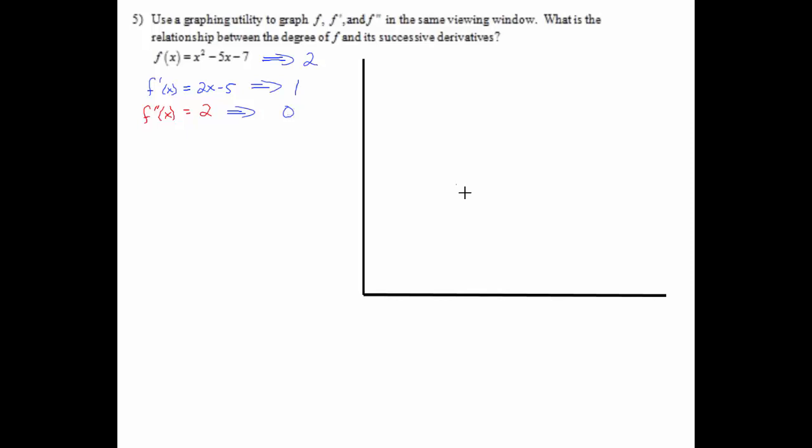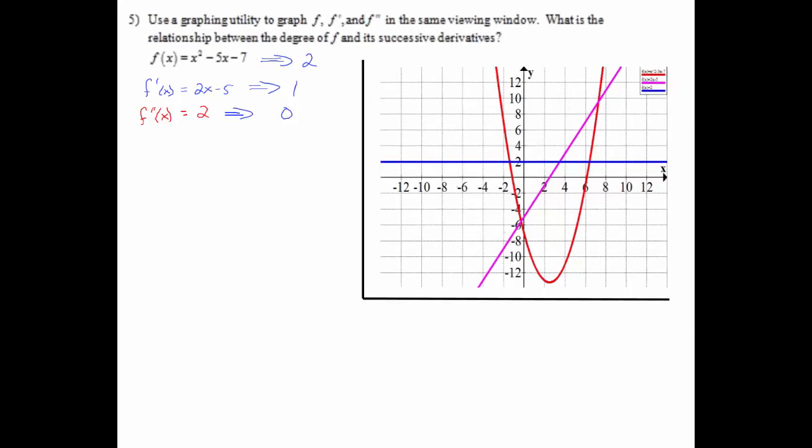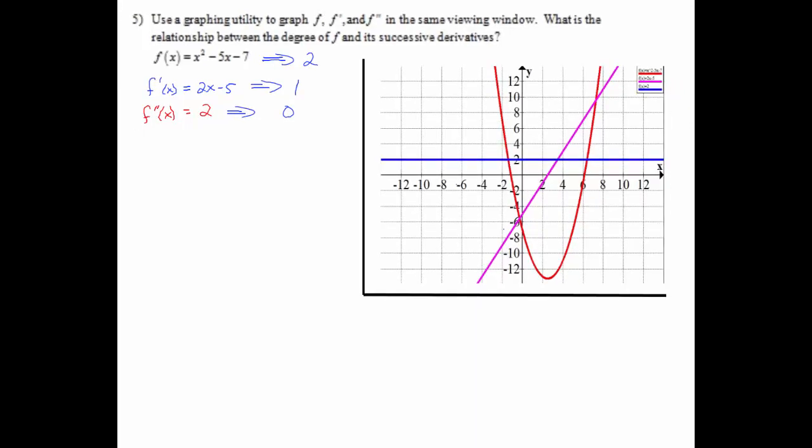We end up getting these graphs, where f of x is our parabolic function, f prime of x is a linear function, and f double prime of x is our constant function.